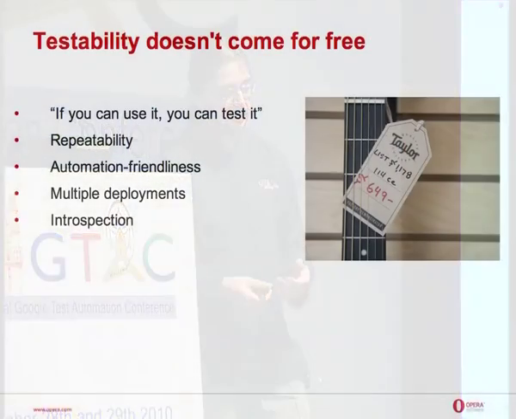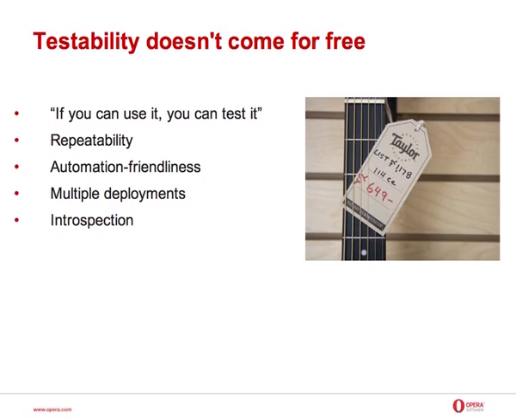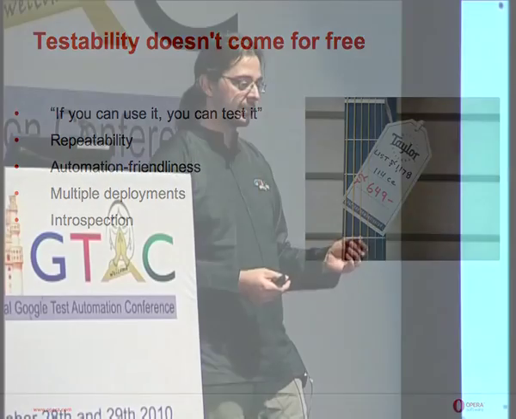Just because you can use it, it doesn't mean that it's going to be easy to automate. And even though you may not consider automation a requirement for good testing, the bigger your project is and the bigger your team is and the more complexity that your project has, of course, the more important automation becomes.